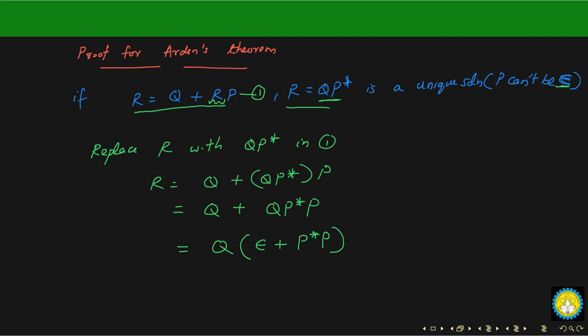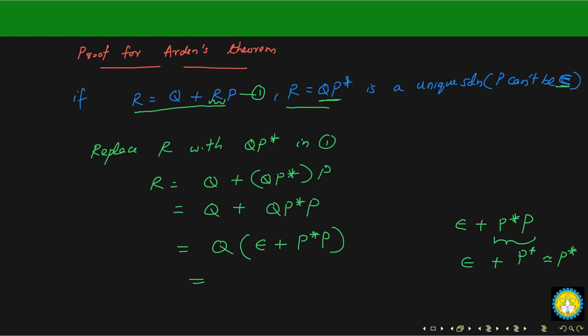Okay, now we can identify that epsilon plus P star into P. We know that P star into P is nothing but the positive closure of P. This is nothing but P plus. So when you have a union of epsilon and P plus, the positive closure of P, then that is equivalent to P star itself.